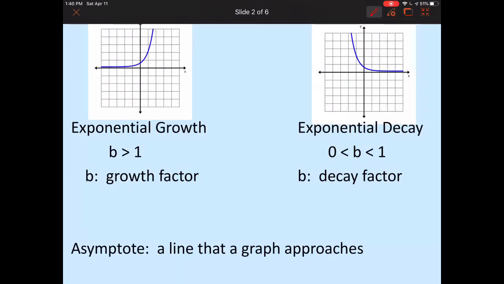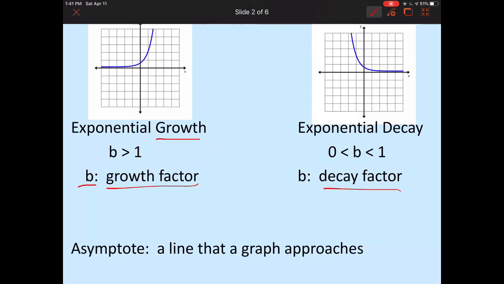There are two types of functions. There's a growth and a decay. The growth goes up, as you can see here, and here the decay is going down. The growth factor is the b, and the growth factor tells you how fast or how slow it's going up or going down.